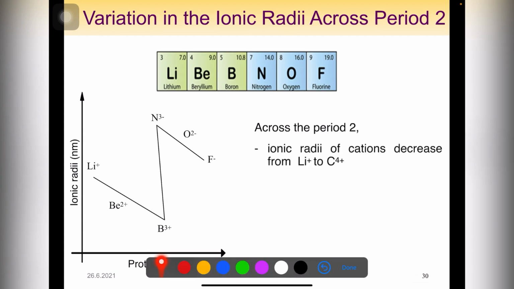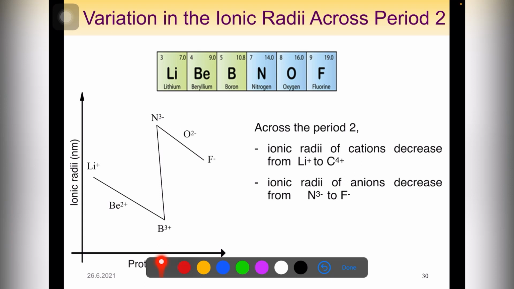So across period 2, the ionic radii of the cations decrease from Li+ to B3+, and the ionic radii decrease from N3- to F-.